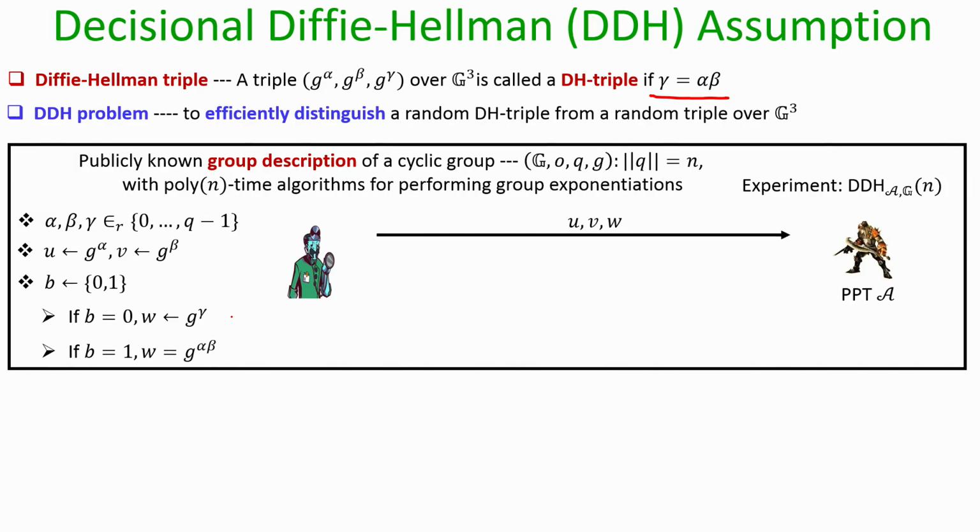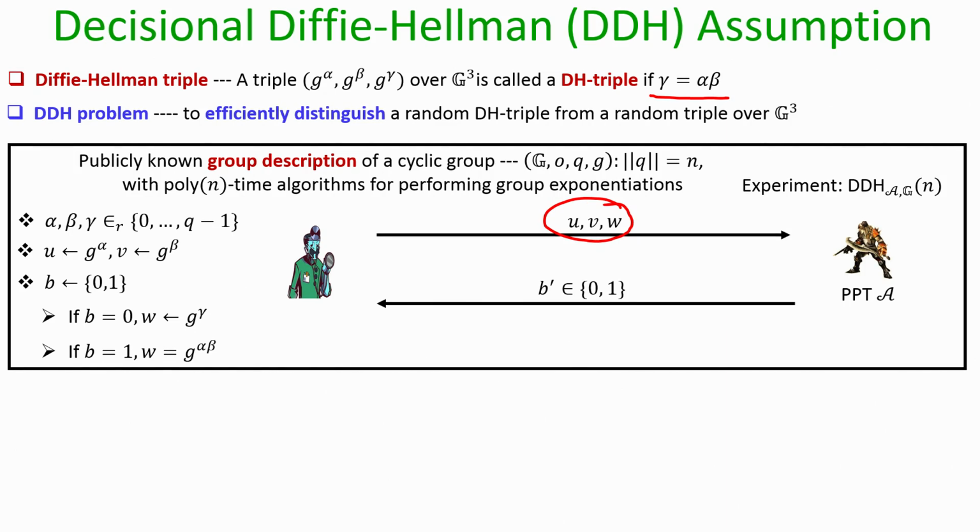And now, once w is decided, the triplet u v w is thrown as a challenge to the adversary, and the challenge for the adversary is to distinguish whether it is seeing a Diffie-Hellman triplet or a truly random triplet over the group. That means it has to identify whether the triplet u v w is generated according to the method b equal to 0 or according to the method b equal to 1.